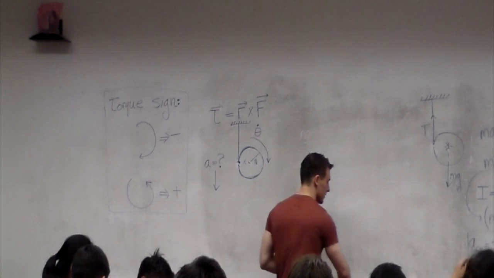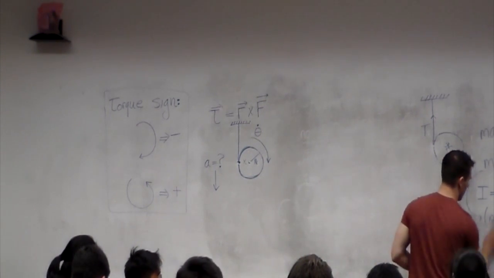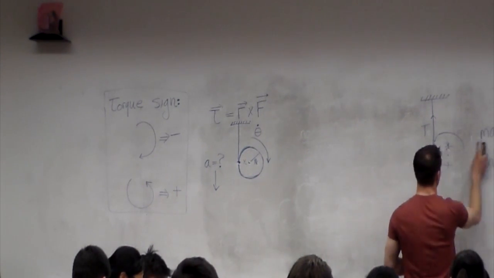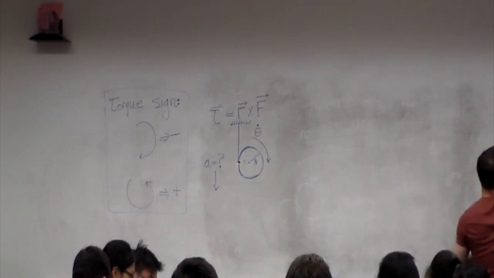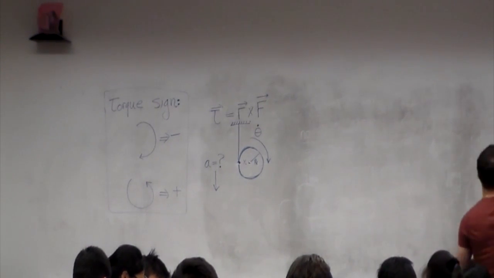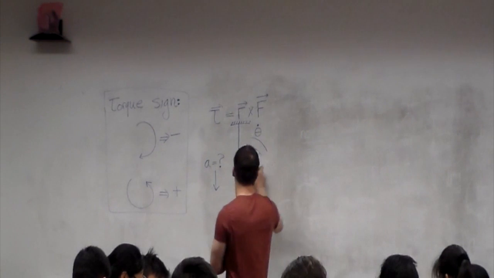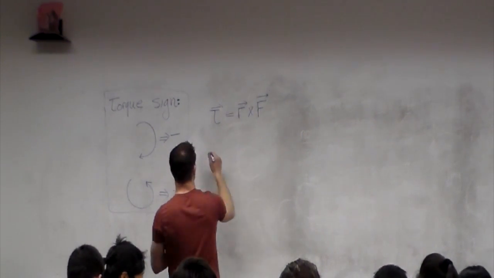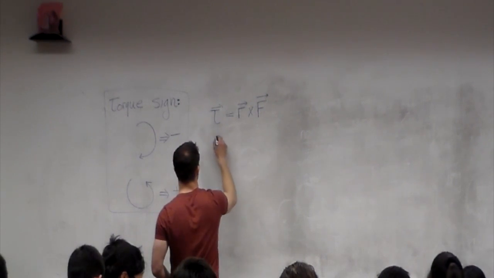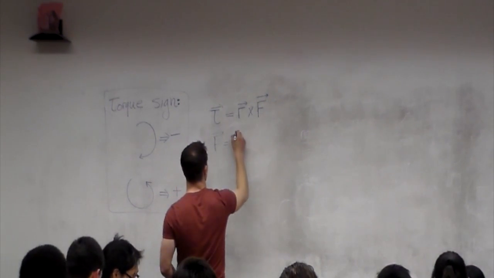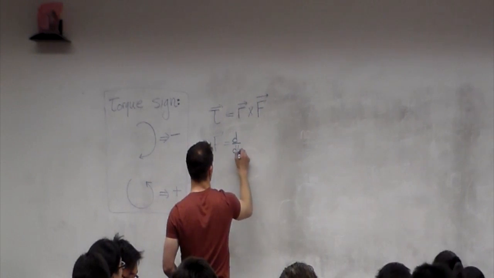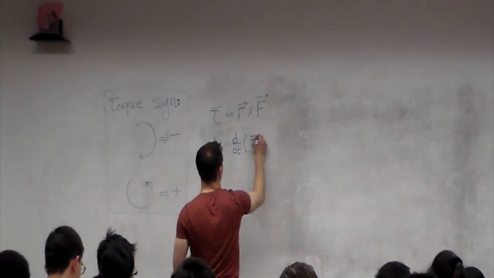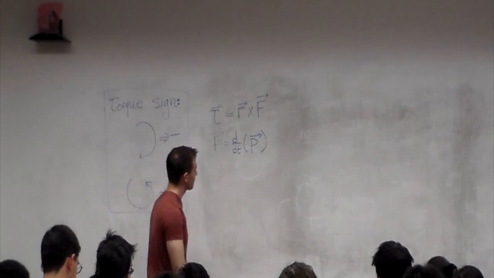Okay. So, we'll move along to angular momentum. So, force we found out earlier was equal to, we said before that force is equal to the derivative with respect to time of the momentum.